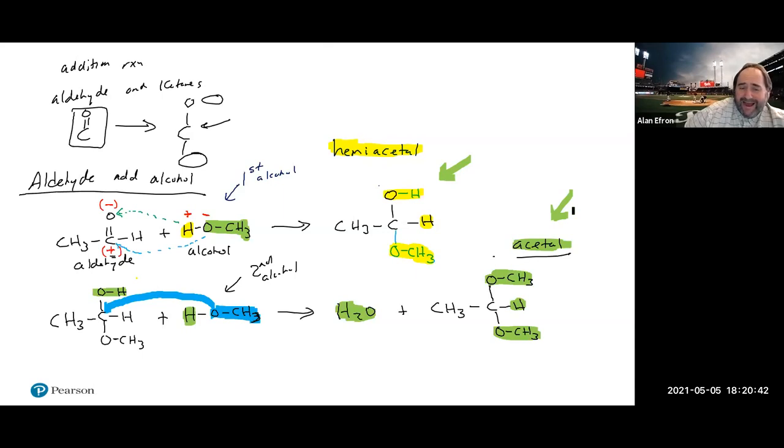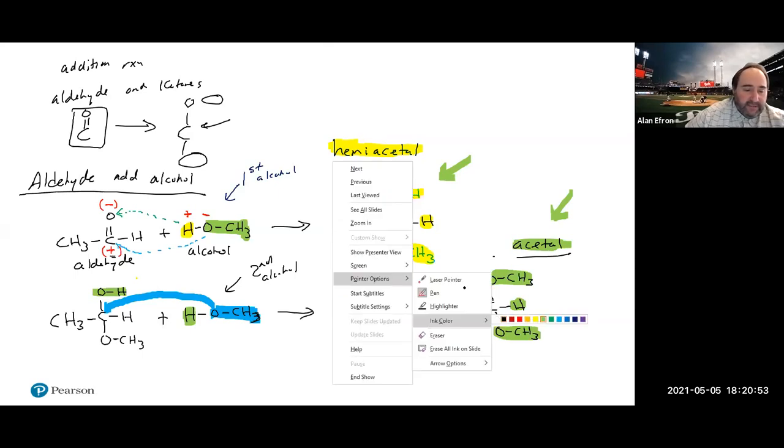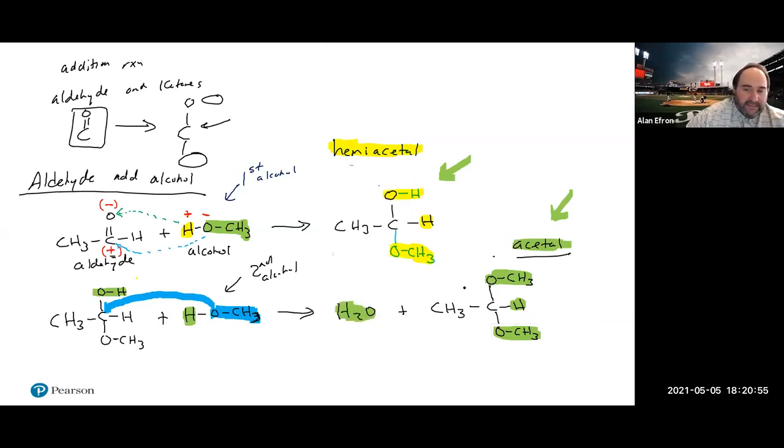Okay. Now, ketones actually do a pretty identical thing. They do a pretty identical reaction to what we just looked at here. So let's just look at an example of a ketone basically going through the exact same reaction. So what happens when we take a ketone and an alcohol?